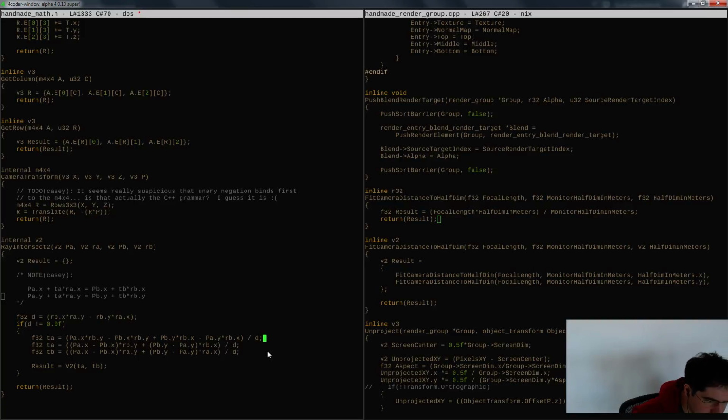Although they've got it the other way around. So we have RAY times RBX, oh no, times minus RAX RBY. So they've got the same denominator in both cases, which is what we've got, right? The denominators match up.